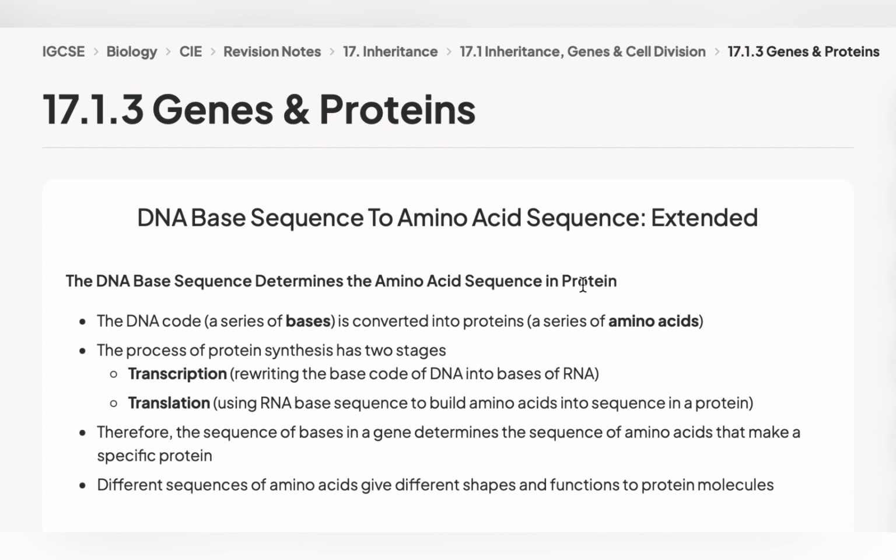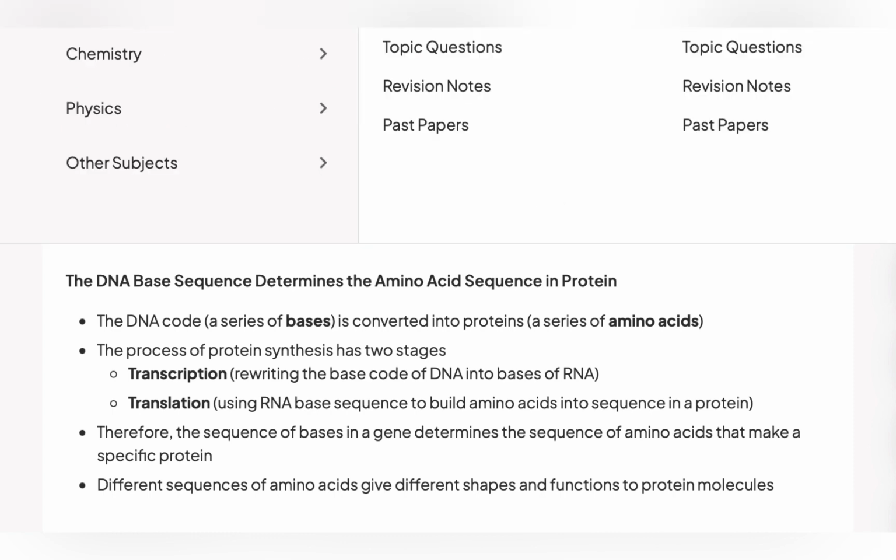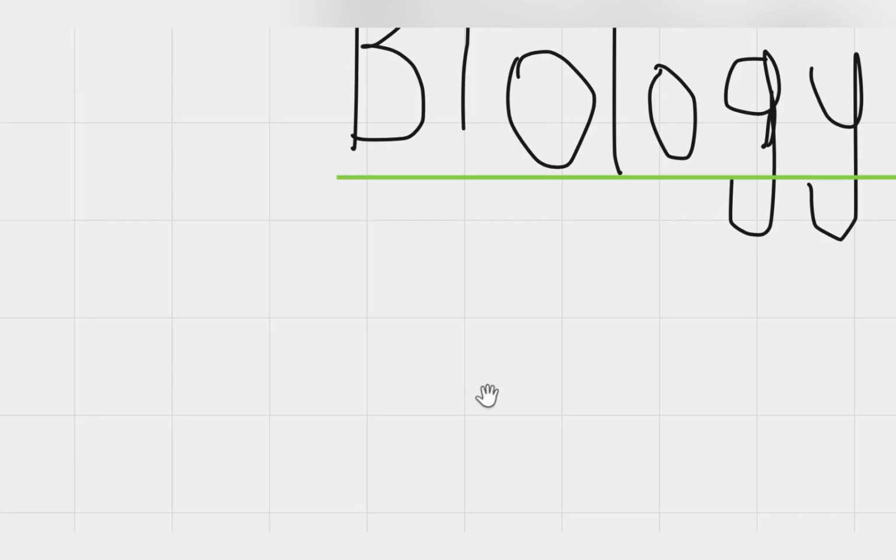Okay, transcription and translation. Transcription is rewriting the base code of a DNA into an RNA base sequence. Translation is using that RNA base sequence to build amino acids, which will eventually become the sequence of our protein. If we want, we can show something.